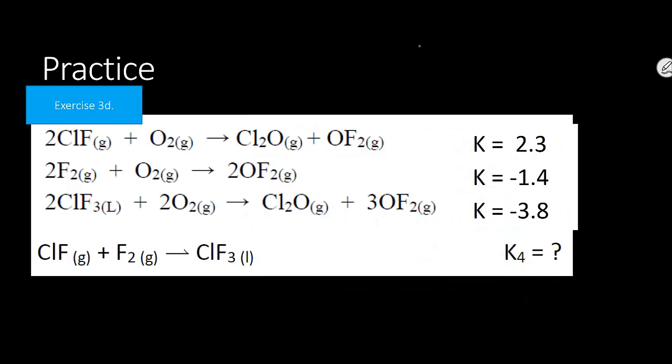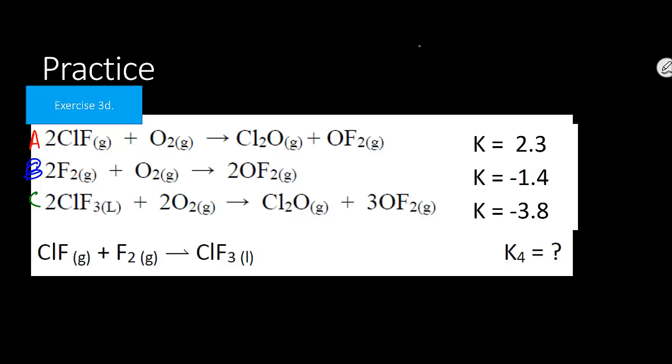Exercise 3 has us figure out the equilibrium constant for a reaction given its possible mechanisms. So we have to treat this a lot like Hess's law, right? Hess's law, again, is when we took a reaction and tried to get it to match up with the overall reaction we were going for.